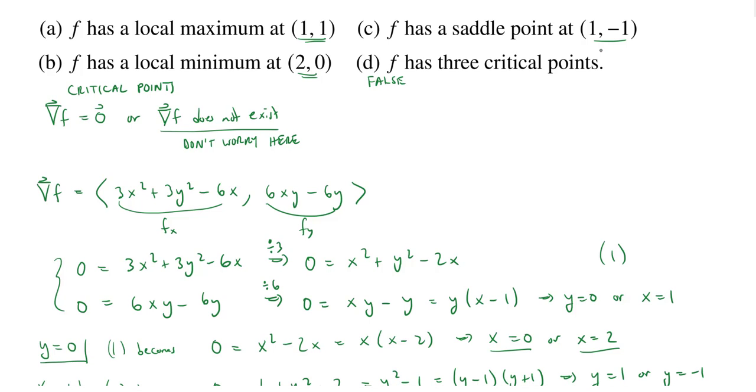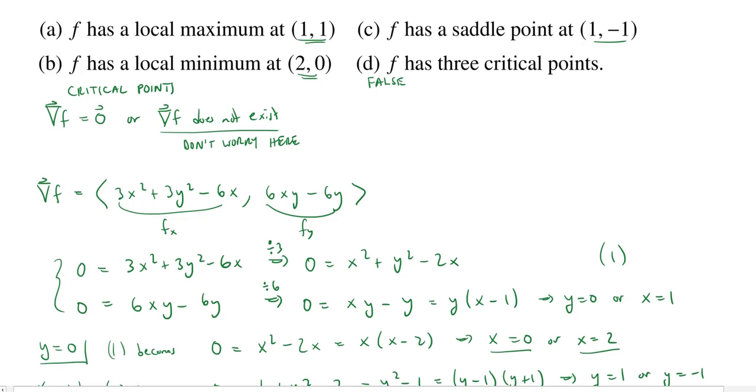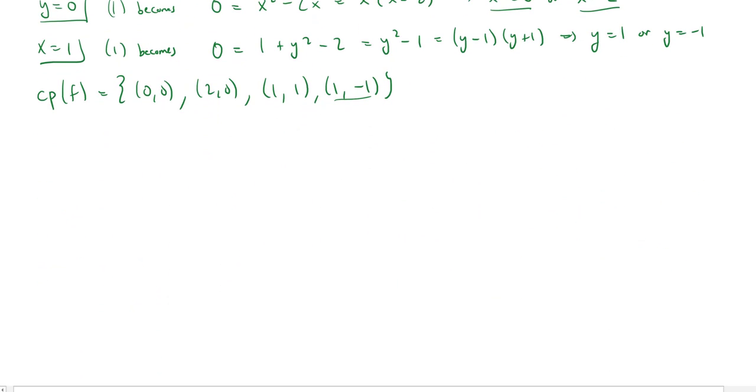Now, in order to check them, we're going to need to use the Hessian of f, right? That comes from our second derivative test. All right, so we want to compute the Hessian of f, and you'll recall that the Hessian of f is equal to the double partial with respect to x, times the double partial with respect to y, minus the double partial with respect to xy times the double partial with respect to yx.